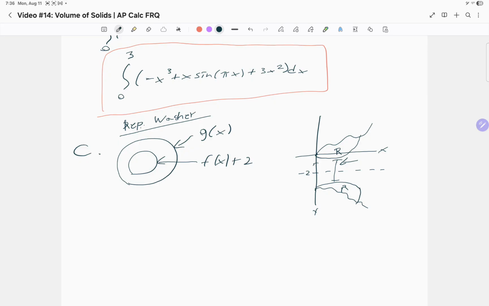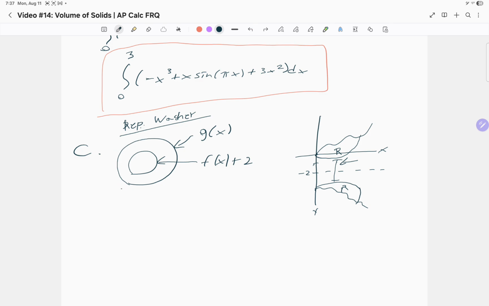So if we take a look at the area of one of these washers, it's not really two-dimensional. We have a three-dimensional washer here.